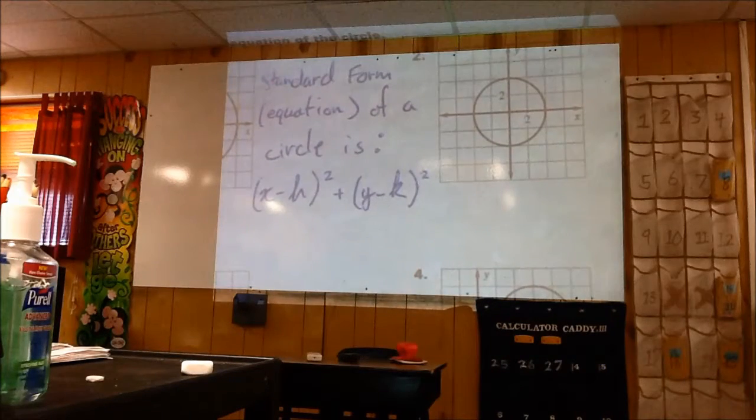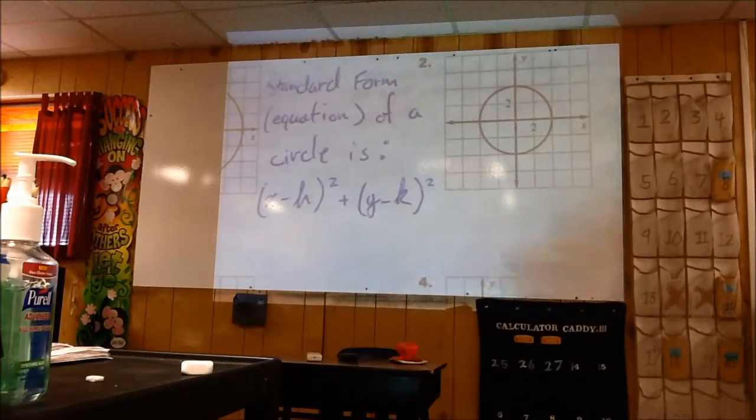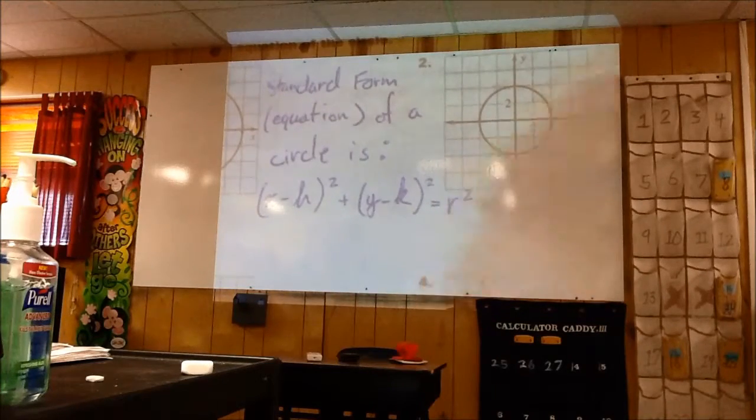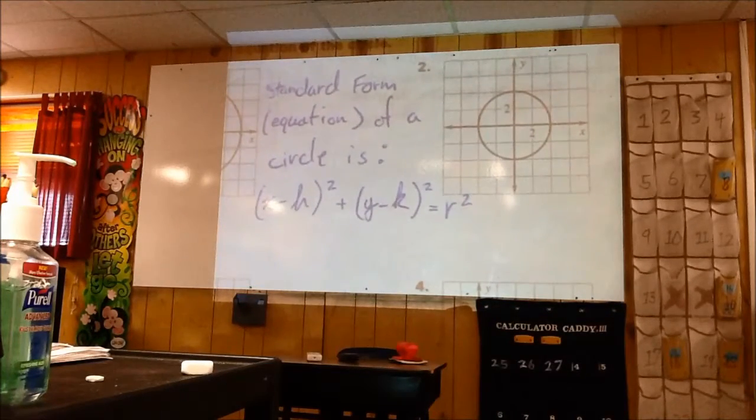Again, I'm trying to make these variables look cursive, and that equals r squared. This is the standard form of the equation of a circle.